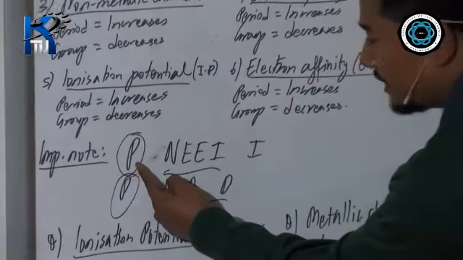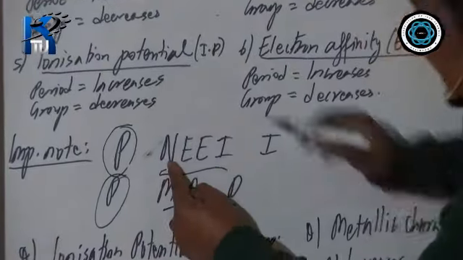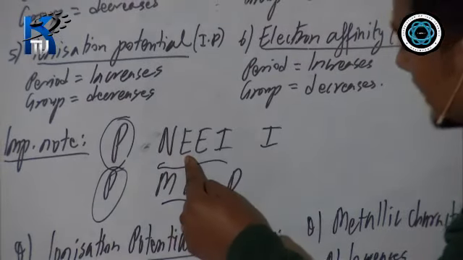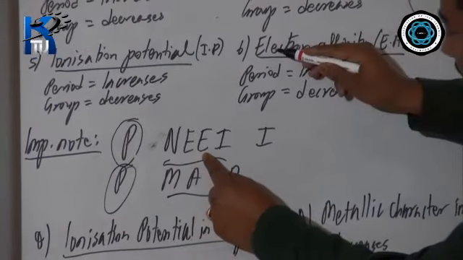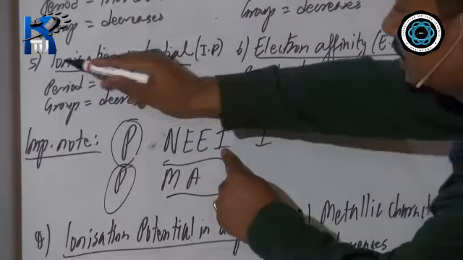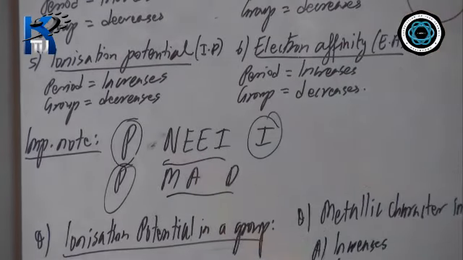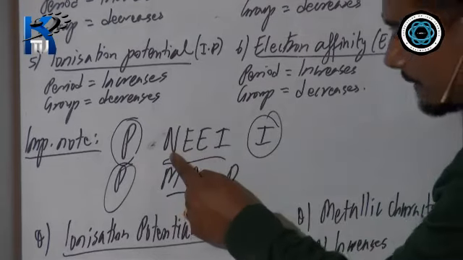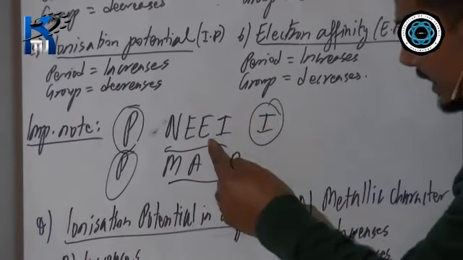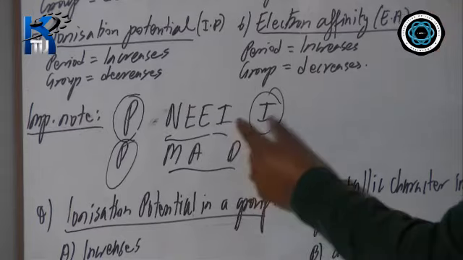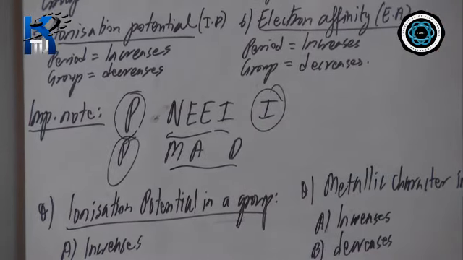This P stands for period, N for non-metallic character, E for electronegativity, E for electron affinity, I for ionization potential. All of these increase. So in a period, non-metallic character, electronegativity, electron affinity, and ionization potential all increase. Opposite, in a group they will decrease.